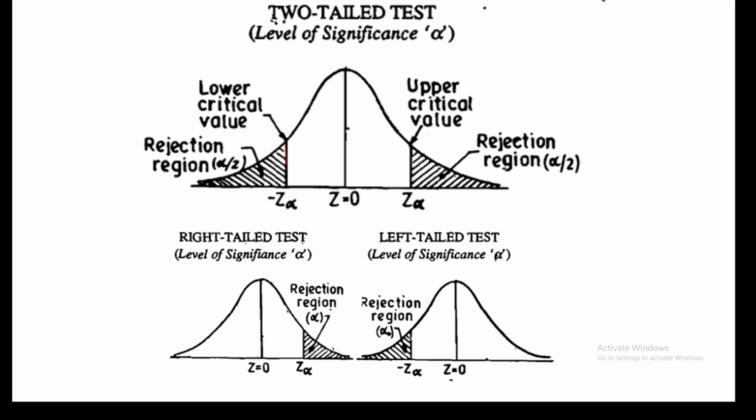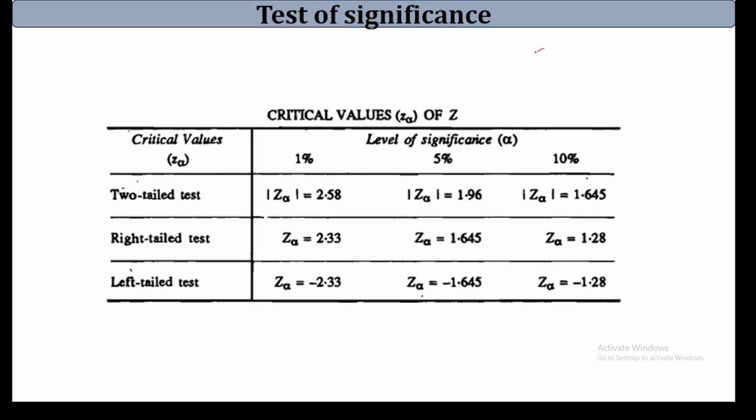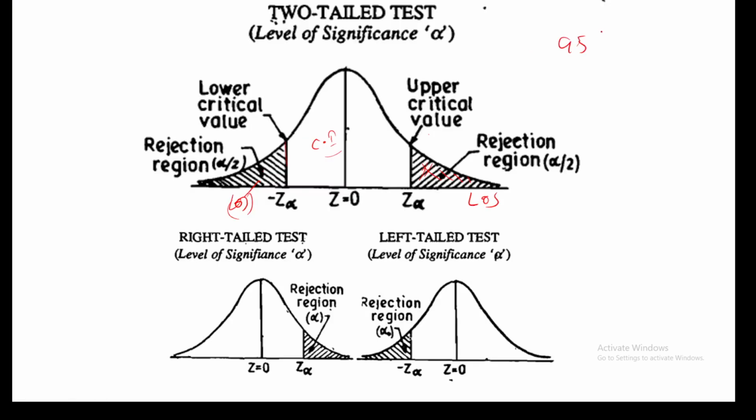This area is the level of significance or critical region, and the full area is the confidence interval. If the question says 95% confidence interval, it means 5% level of significance. If it says 99% confidence interval, it means 1% level of significance.